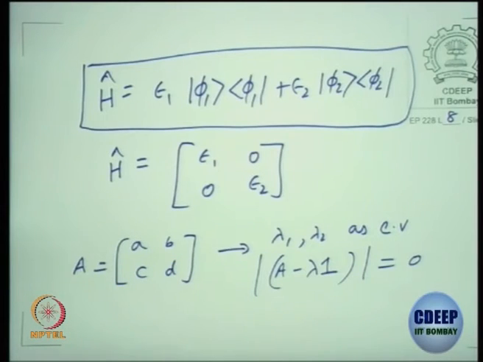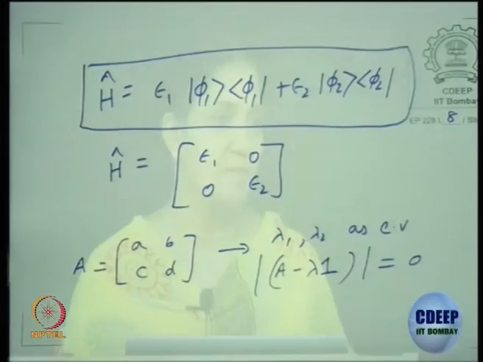Epsilon 1 and epsilon 2 are the eigenvalues and the basis states are phi 1 and phi 2, which are 1 0 and 0 1. So, this can be a trick question asking you to find the eigenvalues and eigenvectors. There is nothing to work out. But if I give you an off diagonal matrix, you need to do a little bit of work, because once I have this off diagonal matrix, it is no longer diagonal, and you have to find out the eigenvectors and the eigenvalues.